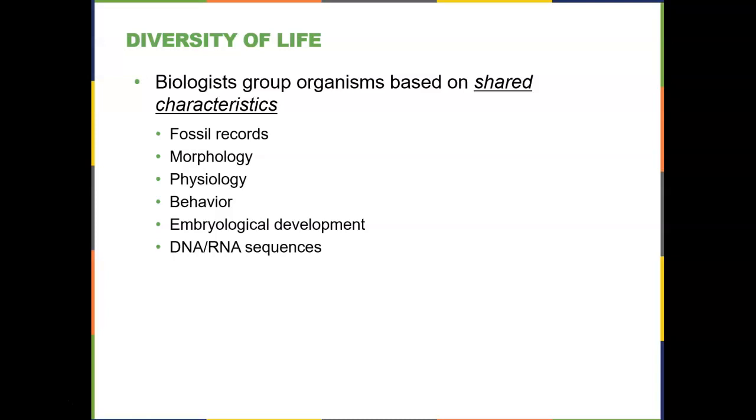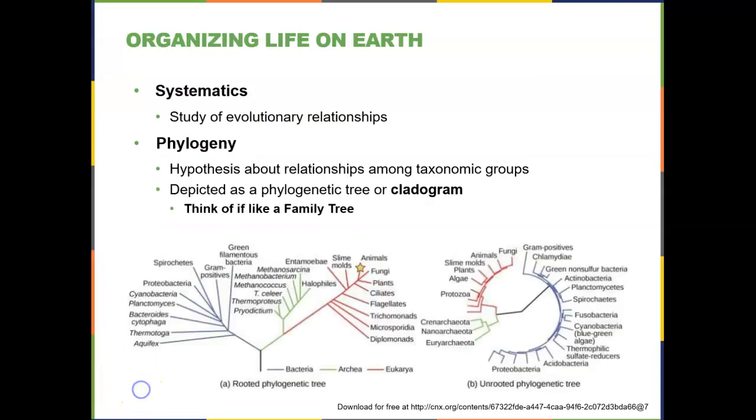We could look at physiology, or how different components of them work. We could look at behavioral aspects, what the individuals do. We could look at how they develop as embryos, and additionally, we could look at their actual DNA or RNA sequences to see which organisms are similar to one another.